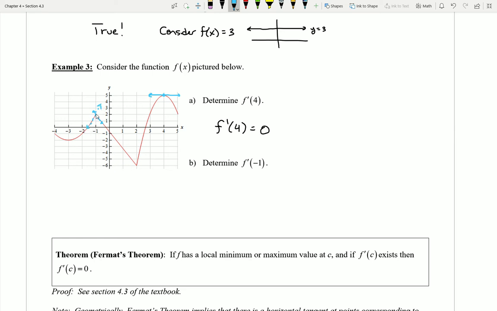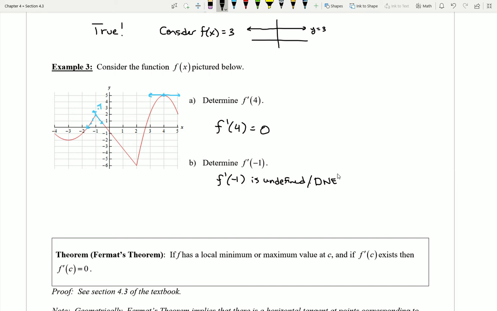And so what we see is that I don't really have a tangent line to work with. Remember that at a corner point, a function is not differentiable. So we can say that f prime of negative 1 is undefined. There is no value there. We can't compute this. It's not possible. So it's undefined. You could say it does not exist. I can't find a slope of a tangent line there.